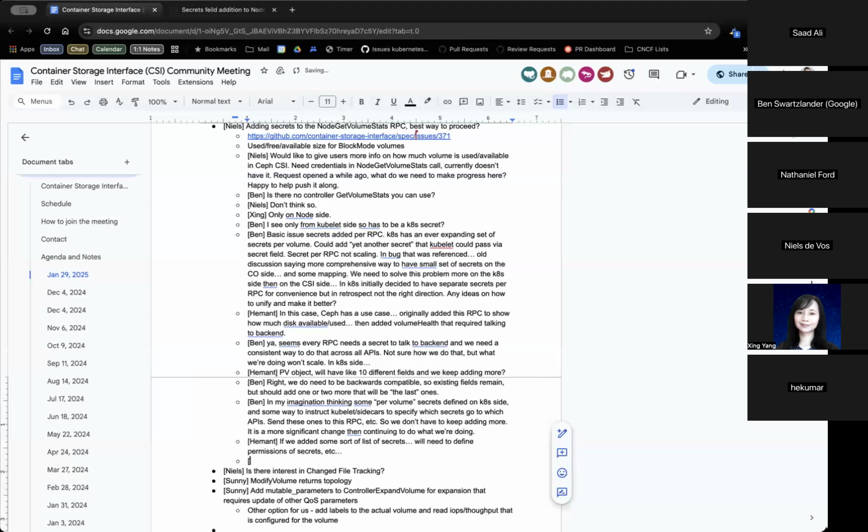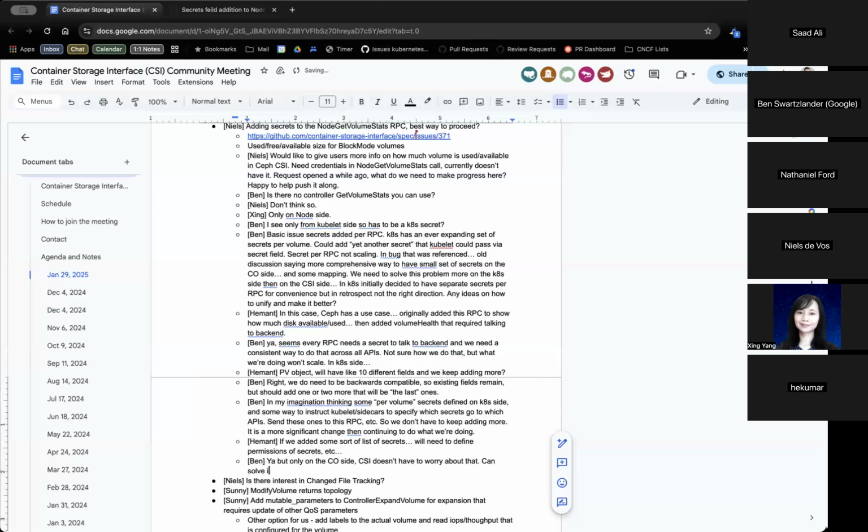It just says the CO needs to pass in some secrets, right? So in principle we can solve this entirely on the Kubernetes side, with the exception of the RPCs that don't even have a secrets field yet. But how do we pass that to the backend if we don't have that field in the RPC?